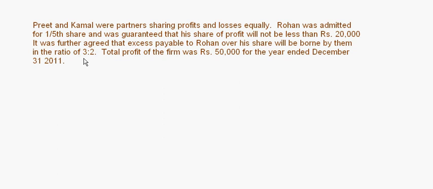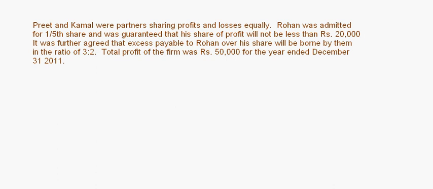Now let's take a small question here. Preet and Kamal were partners, sharing profits and losses equally. Rohan was admitted for 1/5 share and was guaranteed that his share of profit will not be less than rupees 20,000, right? It was further agreed that the excess payable to Rohan over his share will be borne by them in the ratio of 3:2.